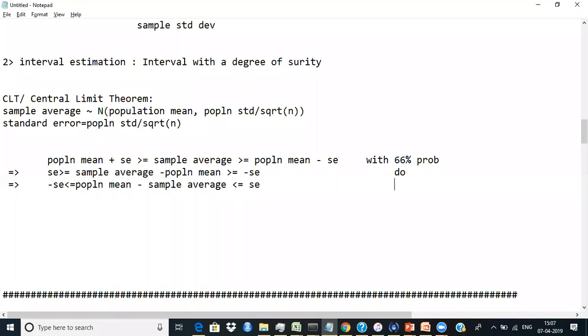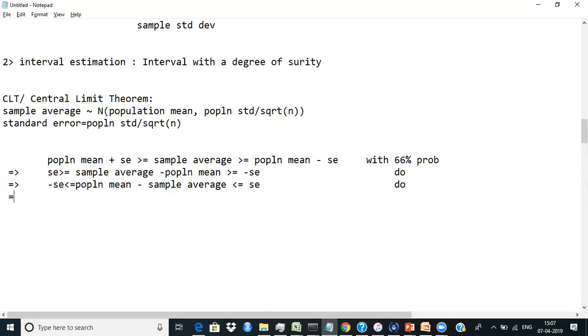And this statement still remains valid, right? You agree with this? Okay.